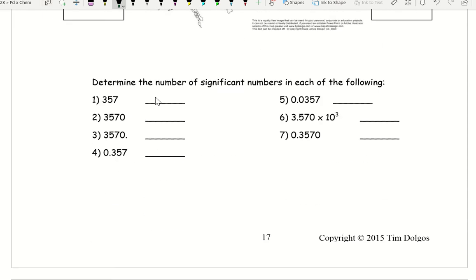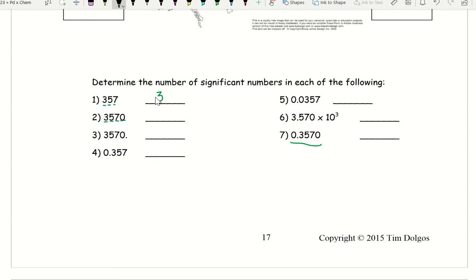You're not going to read trailing zeros unless they're part of a measurement, like in this. And we're going to count the digits or figures that we have in our measurement. So if I say something is 357 units, that means it's 3 significant figures. If I say it's 3,570, no decimal point, this is key.